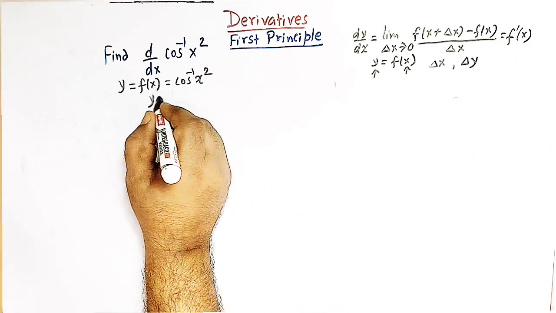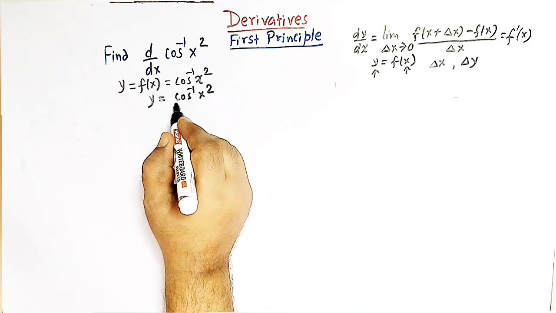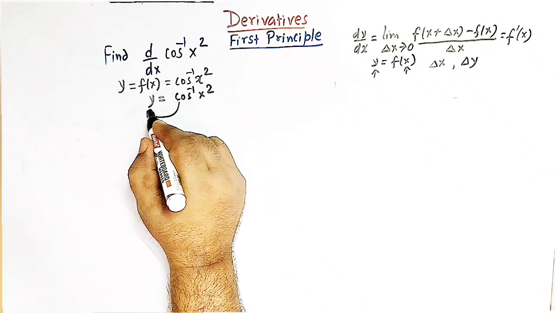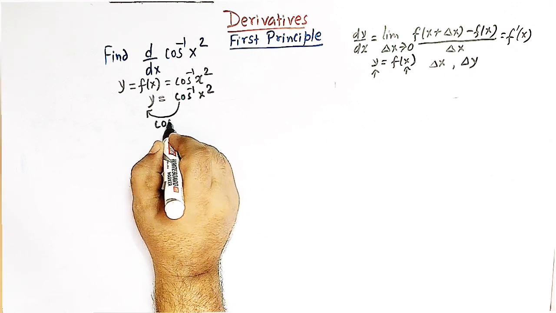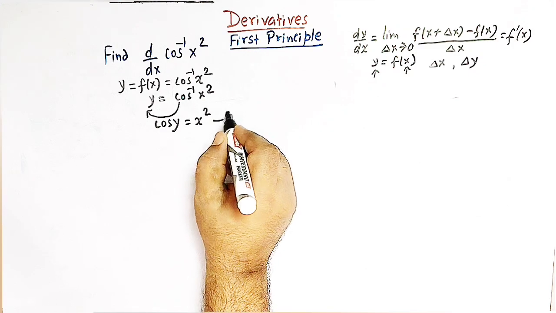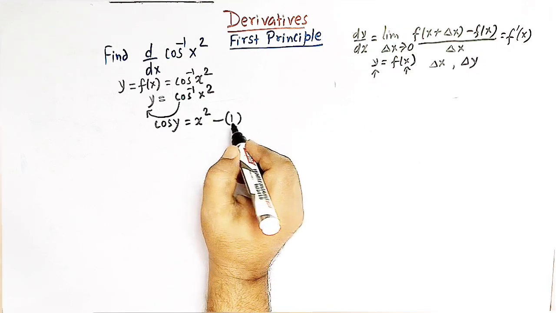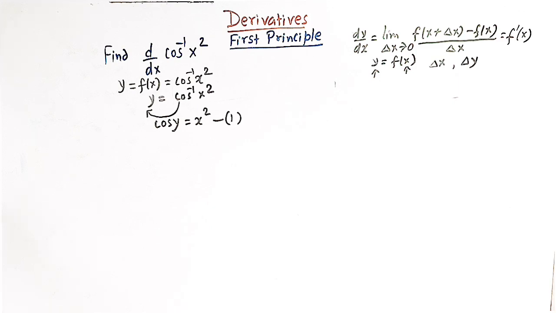So we can now write y is equal to cos inverse x square. So now we can take this cos inverse to the left hand side. So we can now write cos of y is equal to x square. So let us take this equation as equation number 1.